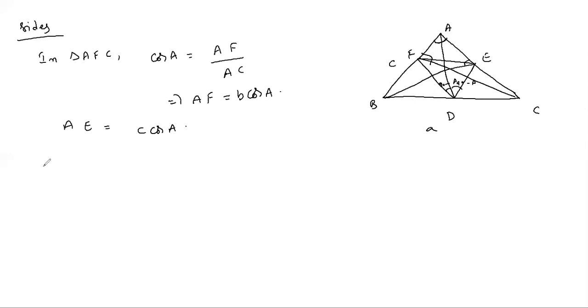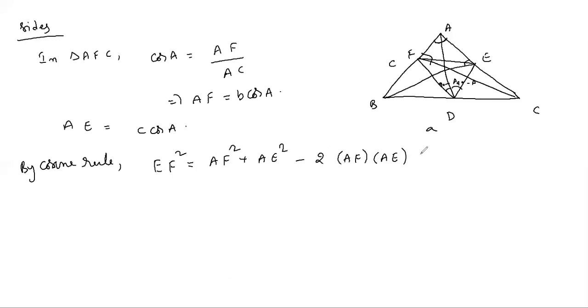In triangle AEF, consider the cosine rule. By cosine rule, EF square equals the adjacent sides AF square plus AE square minus 2 into AF into AE into cos of the included angle. The included angle is A, opposite to EF.